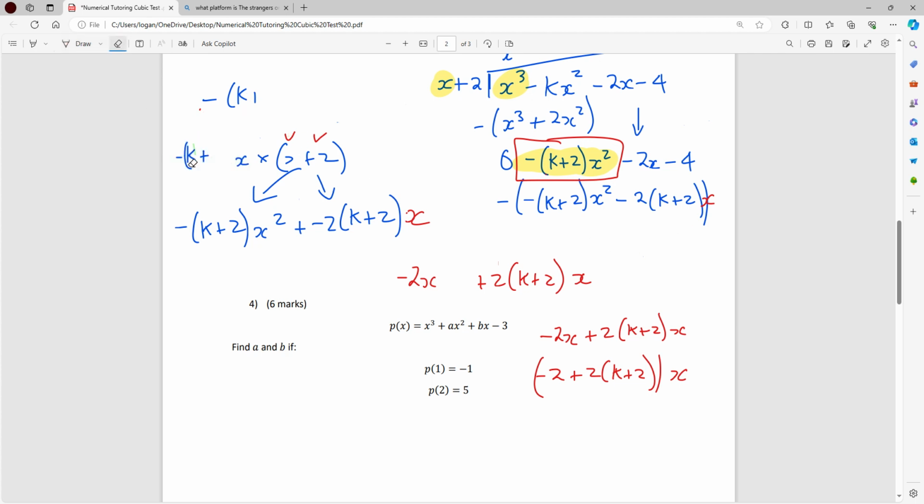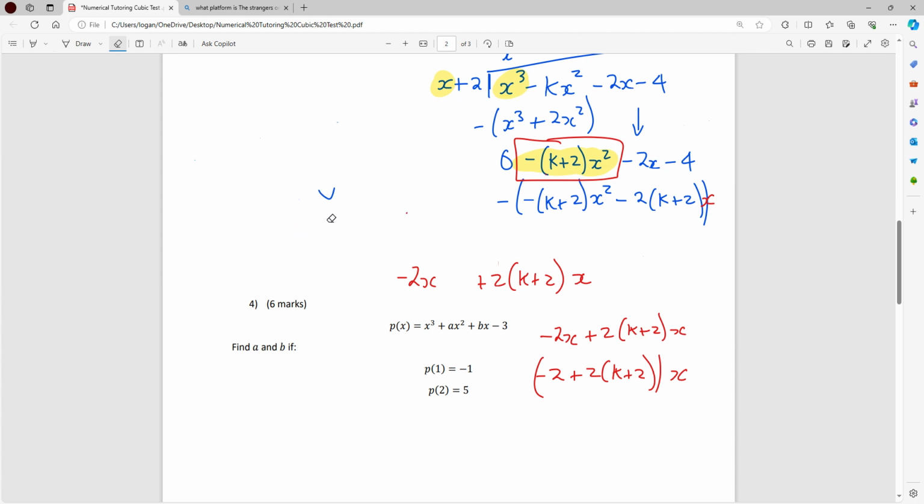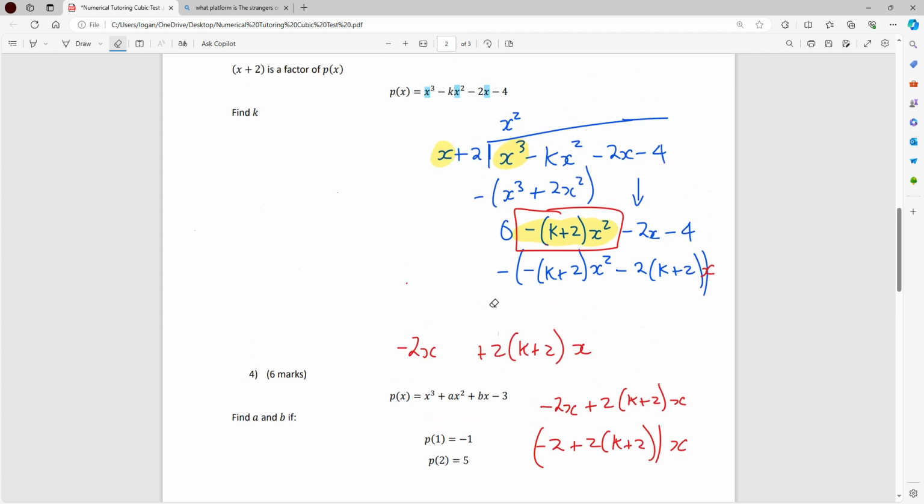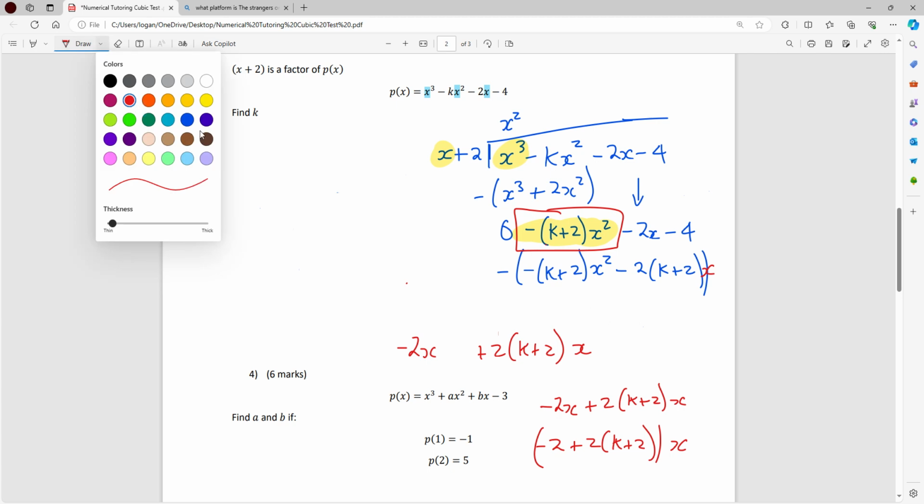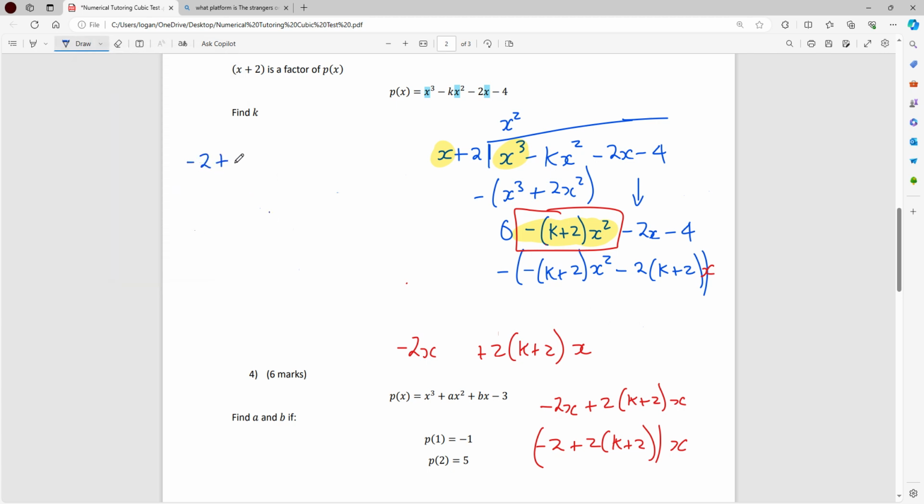So if I just move this out of the way, we can put this here. So this bit will take a bit. So we'll have negative 2 plus 2 on (k plus 2) with an x.